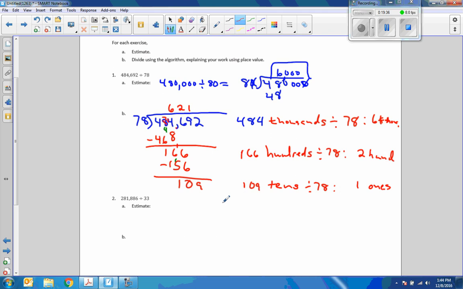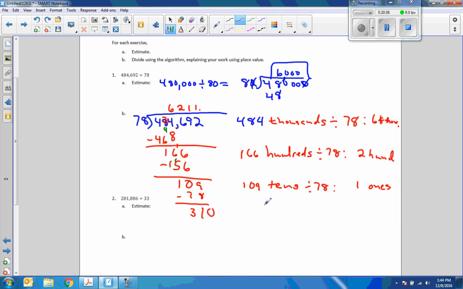Okay, so we are going to, let's see. Put a 1. 1 times 78 is 78. Subtract and get 31, and we bring down a 0. So we have a decimal here because we are now done, and we had to borrow from beyond this.